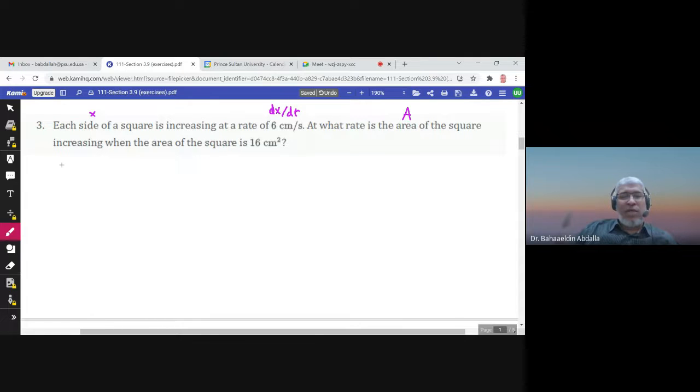So he is asking about dA by dt when the area is 16 centimeters square. Well, what is the area of the square? It is x times x, or x square. So dA over dt is 2x times dx by dt.